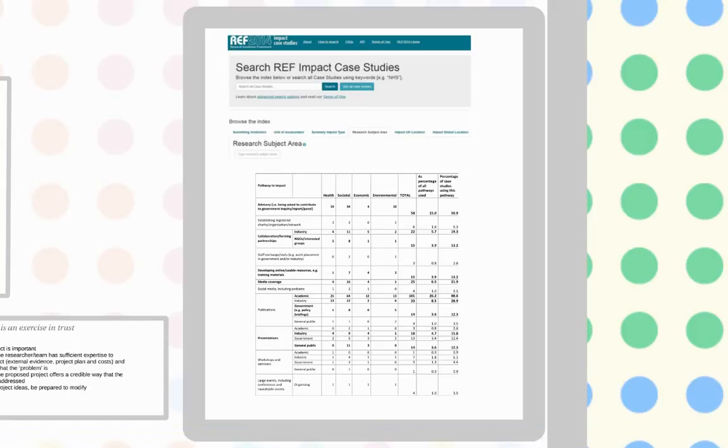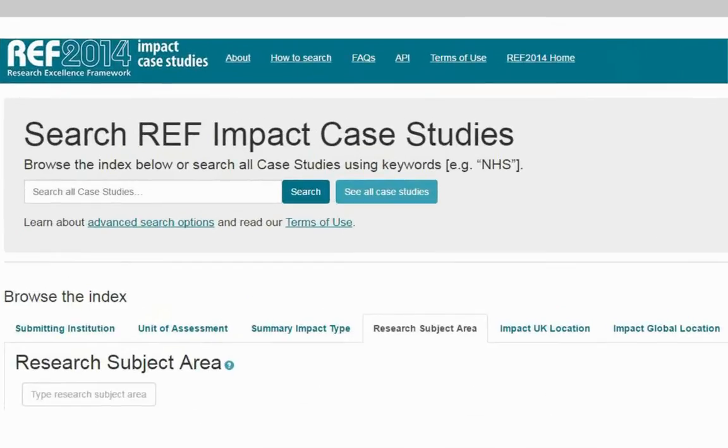There are some great existing examples. If all of this sounds too hard to even make a start with, the UK is a little bit ahead of us. They introduced the Research Excellence Framework in 2014, the new system for assessing the quality of research in the UK.